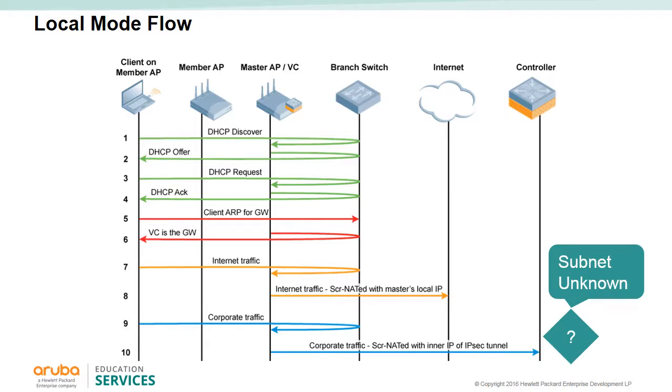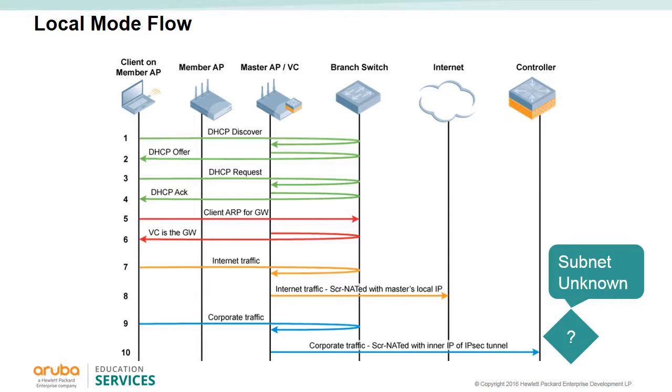All internet traffic is source netted with the VC's local IP address and sent locally. Corporate traffic is source netted with the VPN's inner IP address. For the traffic to return, the VPN address must be in the corporate network routing tables. Connections can be initiated from the branch to the corporate destination.